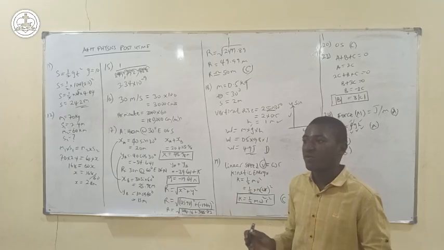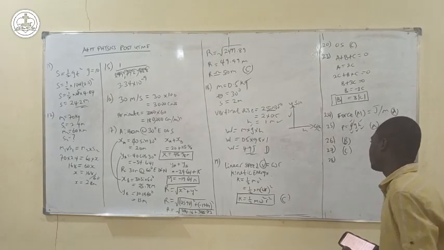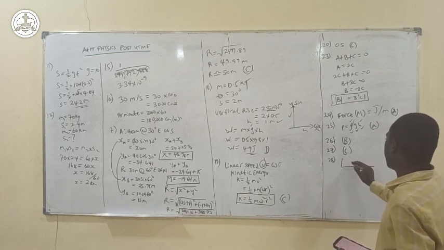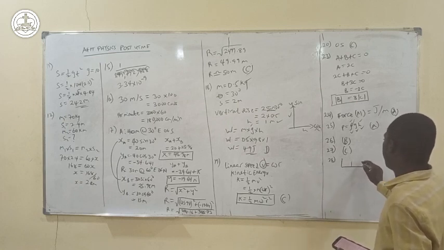The maximum you can find, let's say this is an example of a vernier caliper.